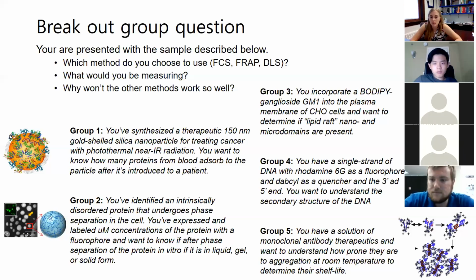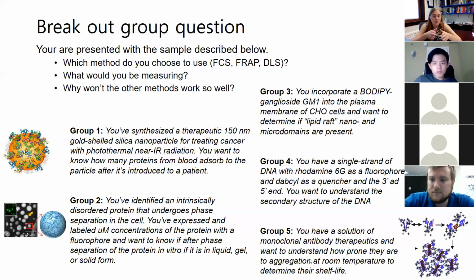Yeah, so the only challenge here, with FCS, I think that's a good point about the size regime of where DLS could work. I think with individual antibodies you'd be pushing the limits, so FCS may be more useful there, but you would have to be able to fluorescently label them. So if you just want to take these therapeutics as they are without putting a tag in, then DLS might be a better choice.